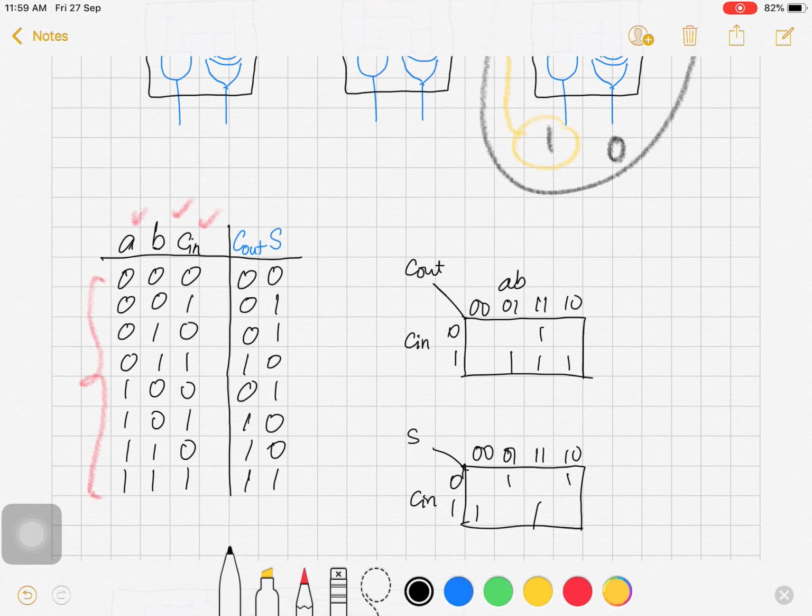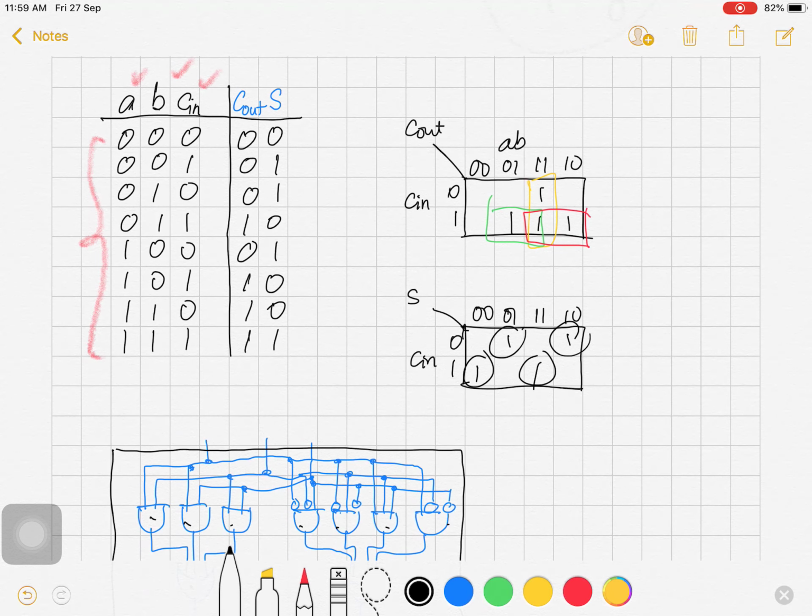Okay, and then we form the groupings, 1 here, 1 here, 1 here, and then an individual group for each of the ones in S. Okay, so I have carry out equals AB or A C in or B C in.